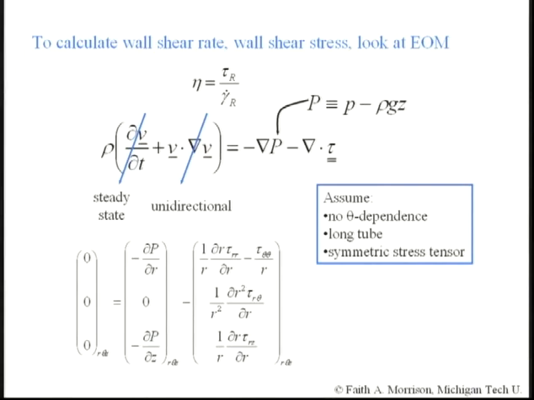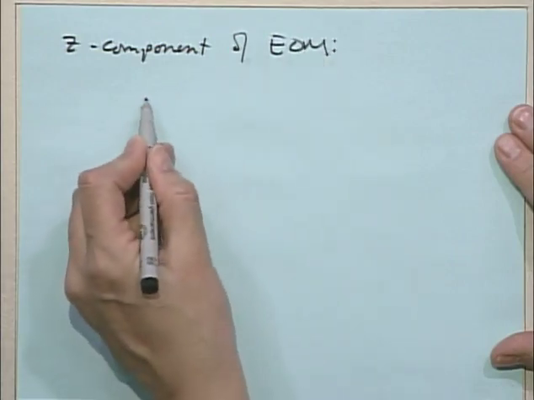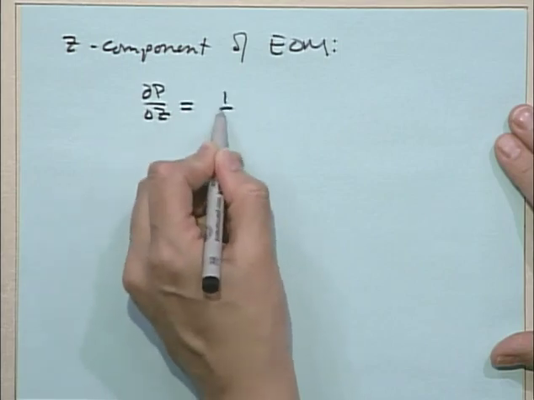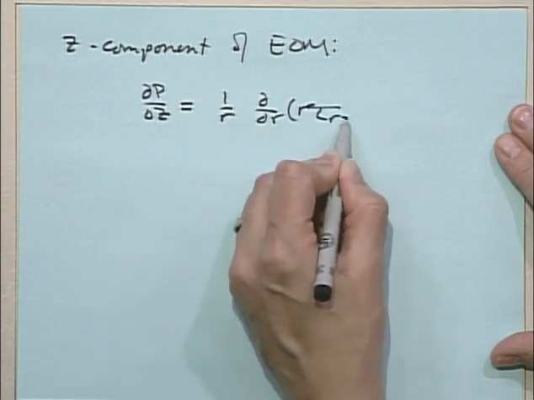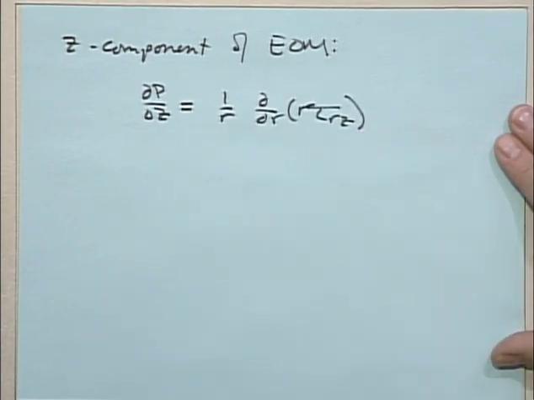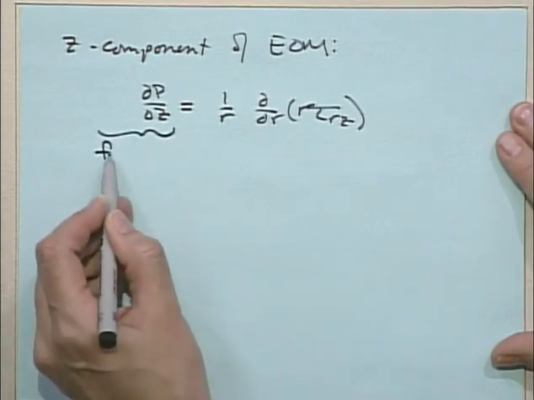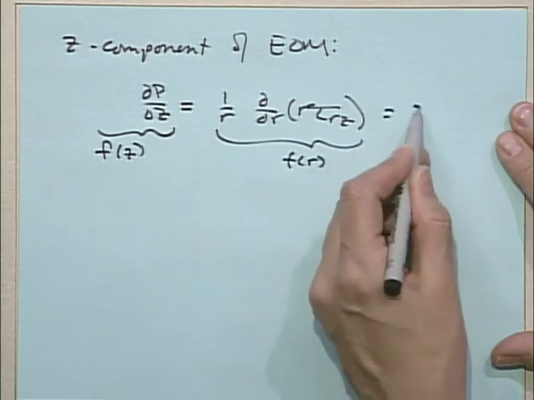So the z component of the equation of motion is dP/dz equals 1 over r d/dr of r tau rz. If I separate these into a function of z only and a function of r only, we've done this many times.